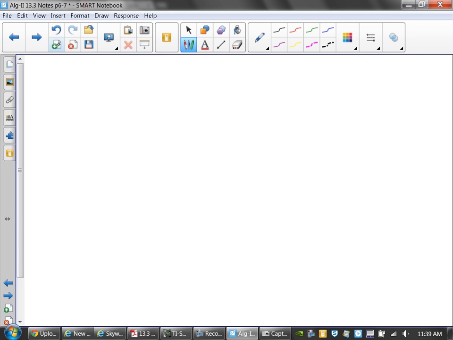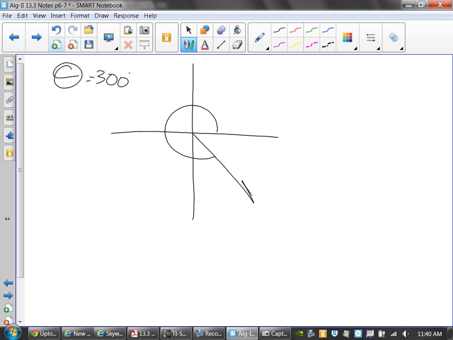Well, let's see. Give me a fourth quadrant angle. 300. Okay. If theta's at 300 degrees, it's over here. Now, how far is that from 360? So what did you do? You subtracted it from 360 or subtract 360 from that?